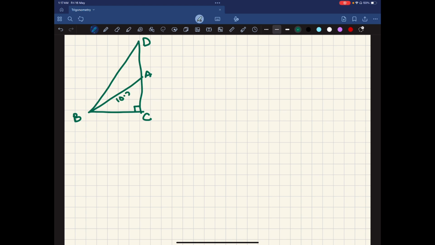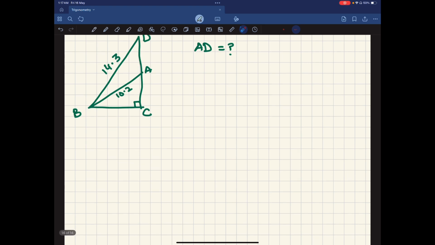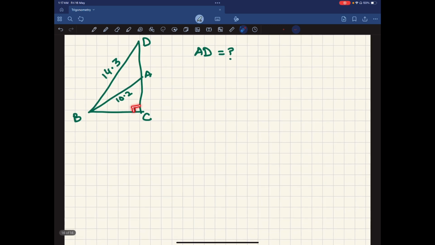This is 10.2. BD is 14.3, and the question asks you to find AD. Okay, AD. First thing, is it a right angle triangle? Yes. So we can apply Pythagoras and trig ratios.